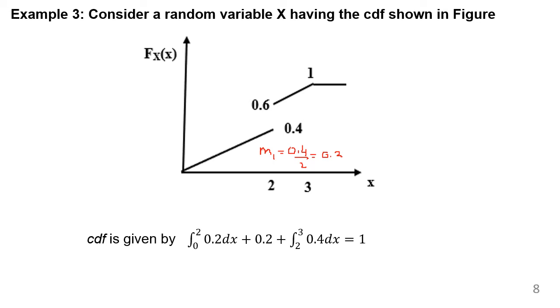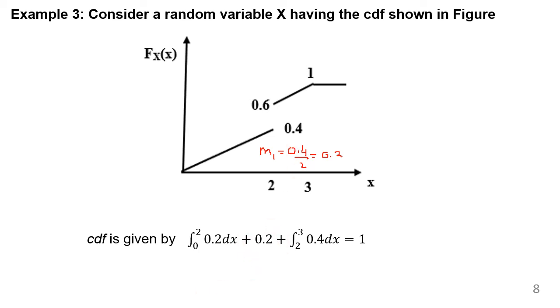Then at x equal to 2, you can observe it suddenly increases from 0.4 to 0.6. That means at x equal to 2, you have a step function having a magnitude 0.2.